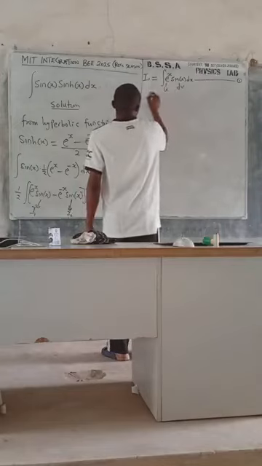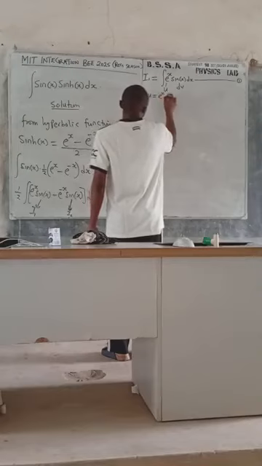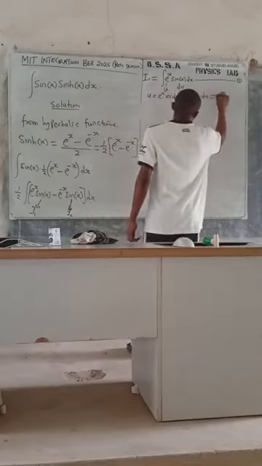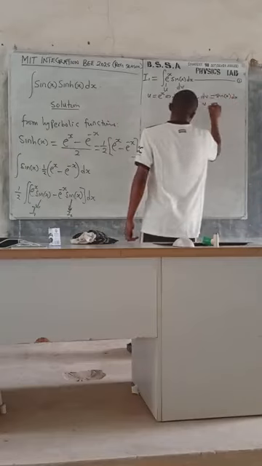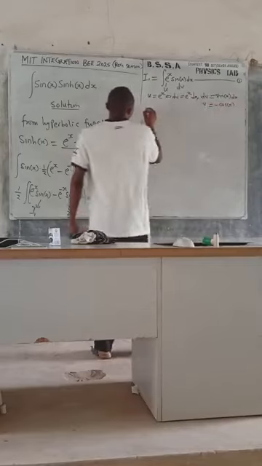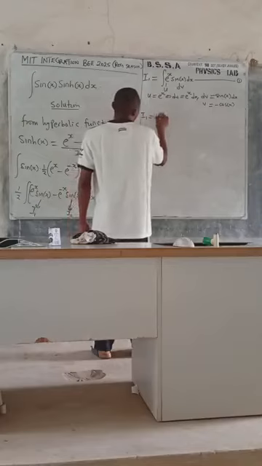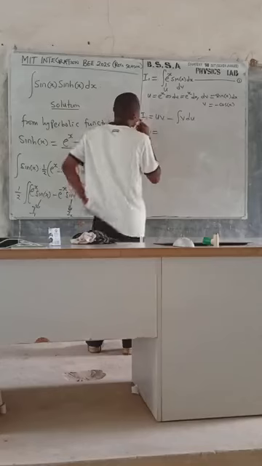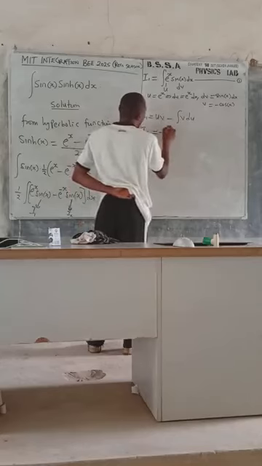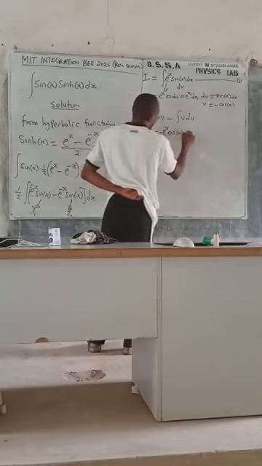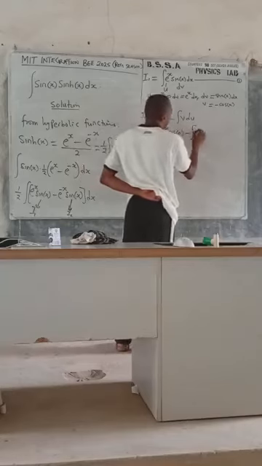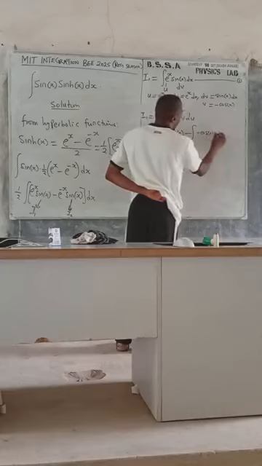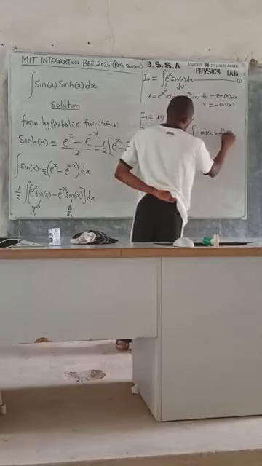Since u is e to the power of x, it implies that du maintains itself, and dv equals sine x dx, v equals minus cos of x, so that our I1 becomes uv, that is the formula by parts, minus integral of v du, which will be minus e to the power of x cos of x minus integral of v, here is minus cos of x, multiplied by du, which is still e to the power of x dx.